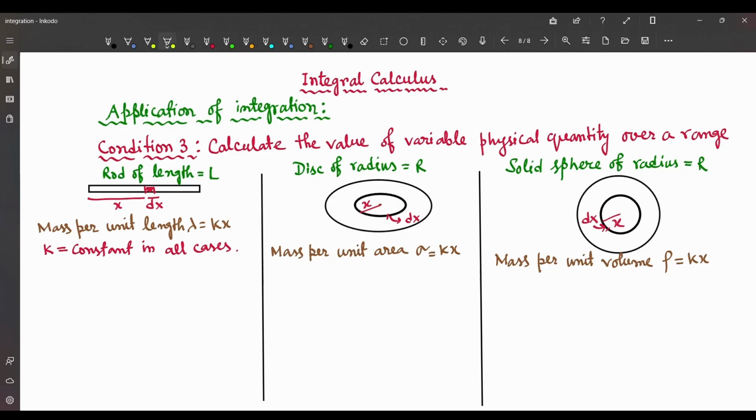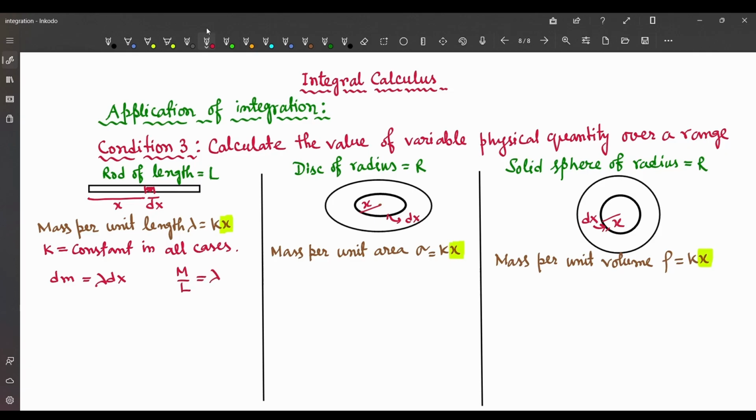It should be noted that as the mass distribution is a function of x in all cases, we consider the elementary part at a distance x here. Therefore, for the rod, the mass of that elementary part, dm, is lambda into dx, as m by l is lambda here.